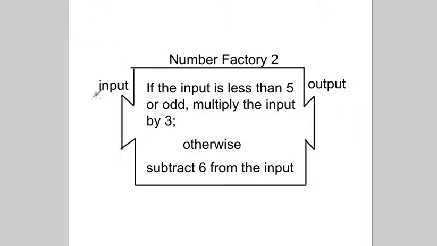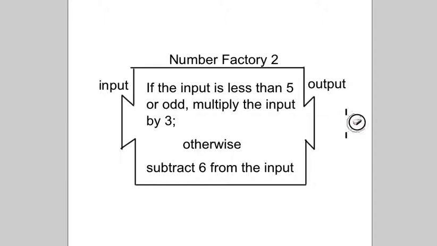If I try the number 10, the input 10 is not less than 5, nor is it odd. Therefore, we don't follow these instructions. Instead, we go to the otherwise: subtract 6 from the input. That would make our output 4. So in those cases, 4 paired with 12, 9 paired with 27, and 10 has an output of 4.